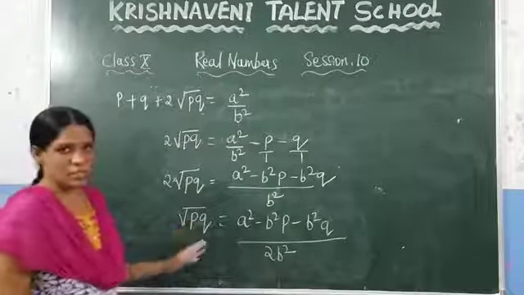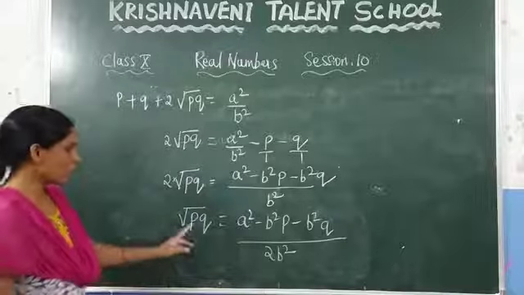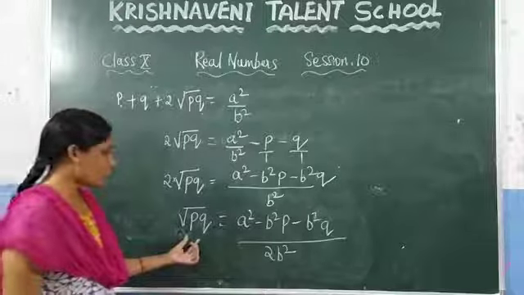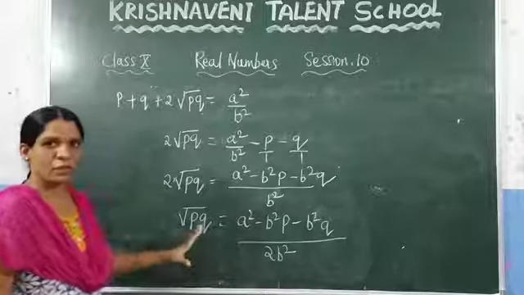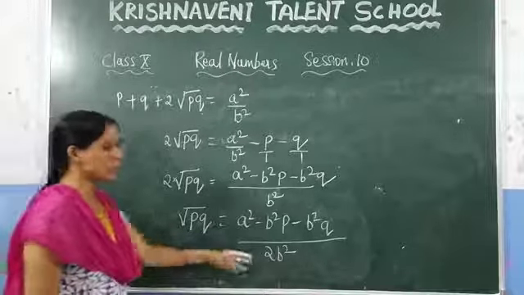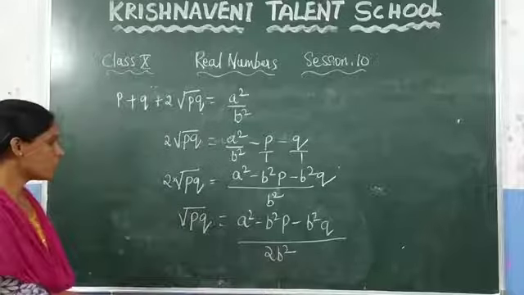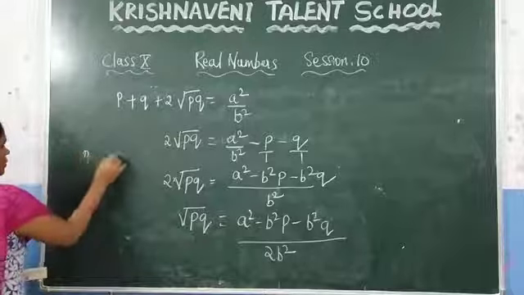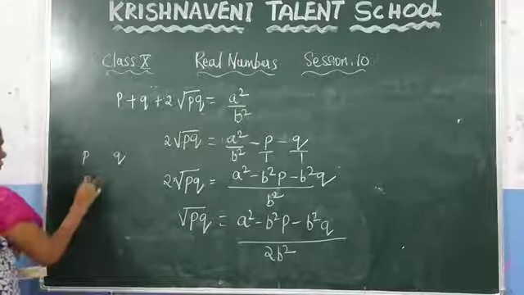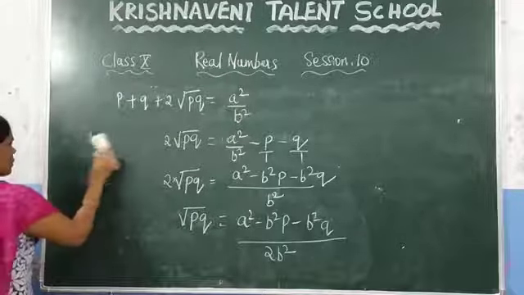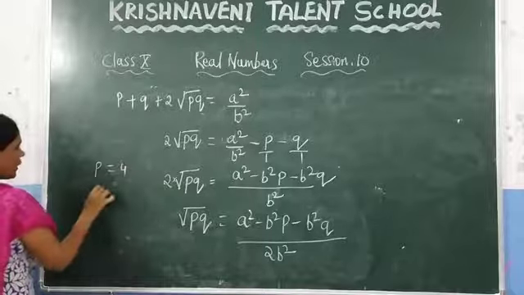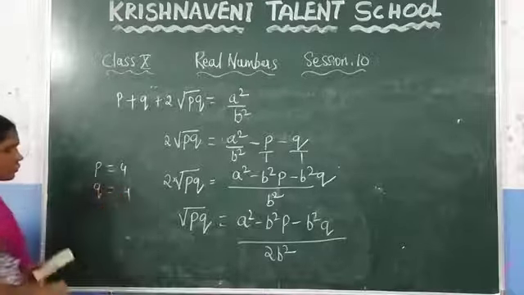Now here in the question, what they have given is p and q are primes. Based on that, what can we say about root pq? If they had not given that p and q are primes, then we could say that both are equal. Why? Because let us consider some p and q values. Let us consider the p value as 4 and the q value also as 4.